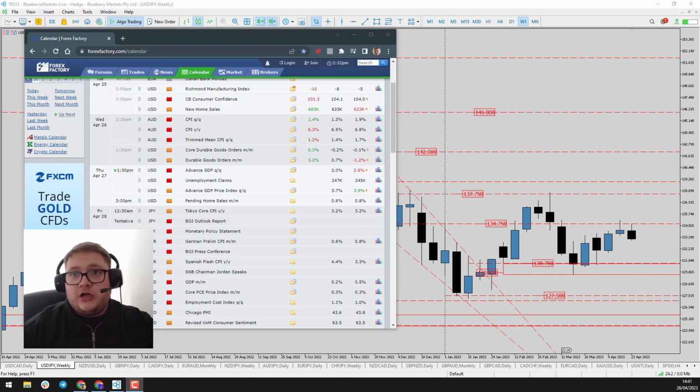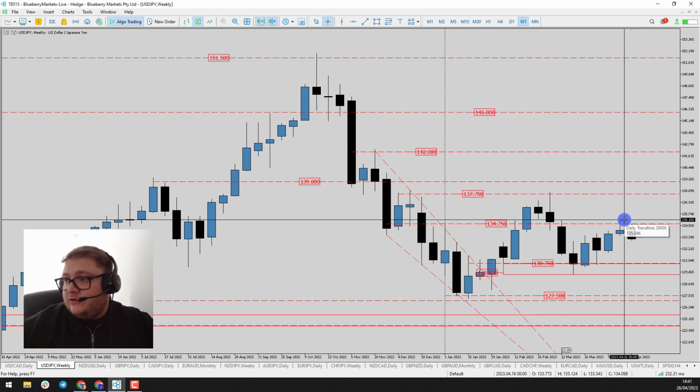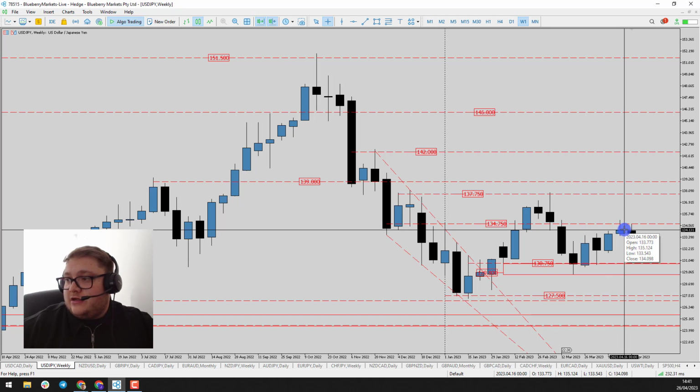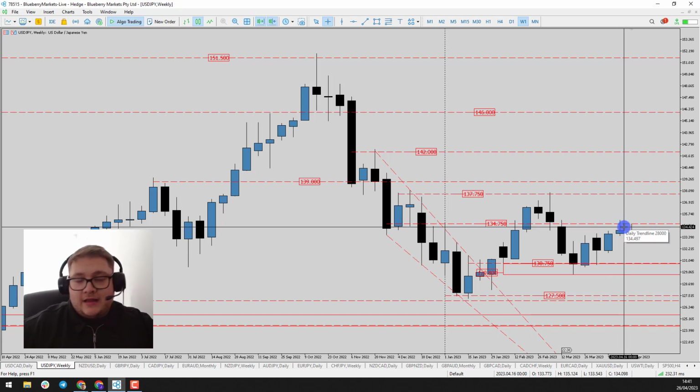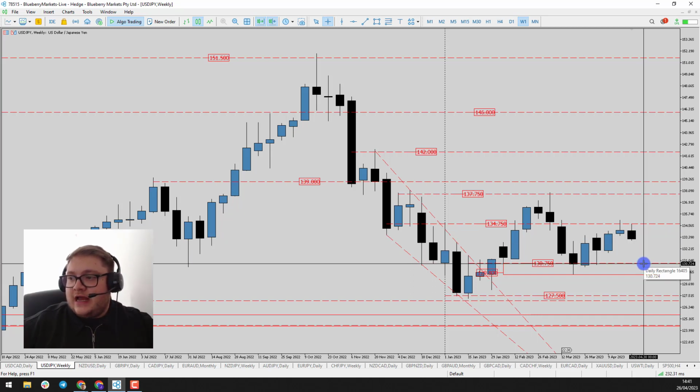So let's go take a look at the chart from a technical perspective here, and we can see price rallying into the 143.75 handle. We rejected on the weekly time frame, a very shallow weekly candlestick. Price has traded through that weekly low now, so it looks like we're going to see an extension to the downside.